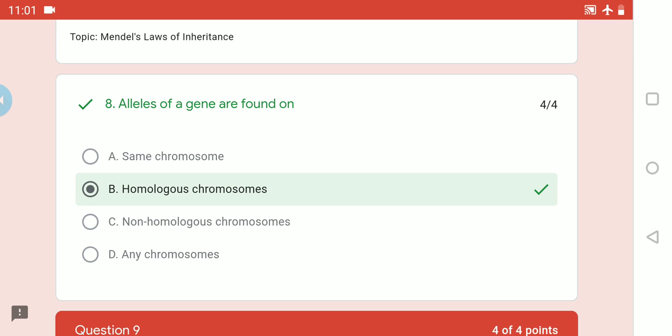So alleles of a gene are found on homologous chromosomes. And you can ask me, sir, what are homologous chromosomes? Two identical chromosomes in a diploid cell are called homologous chromosomes. Each and every terminology or word is very important, or else you cannot identify the right answer. Did you get it? Yes.